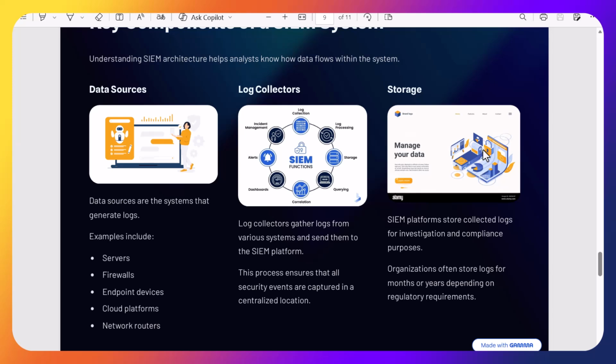SIEM platforms store collected logs for several purposes, including security investigations, compliance requirements, and historical analysis. Many organizations store logs for months or even years, depending on regulatory or compliance requirements. Compliance requirements are rules or regulations organizations must follow to protect sensitive data.